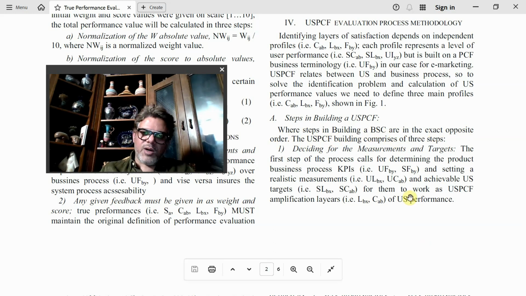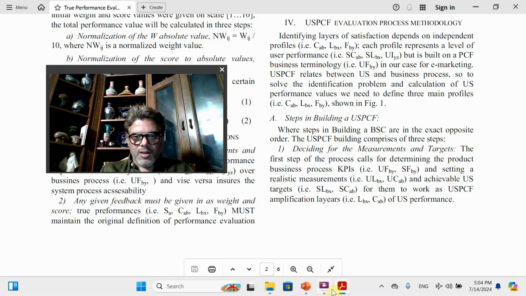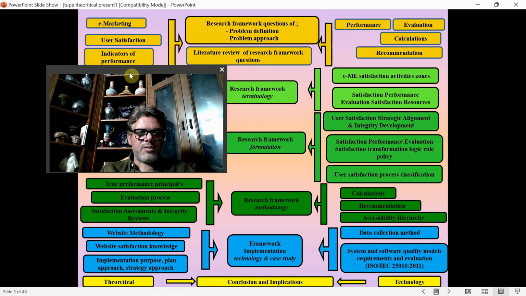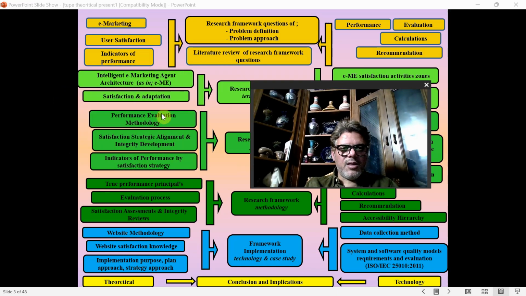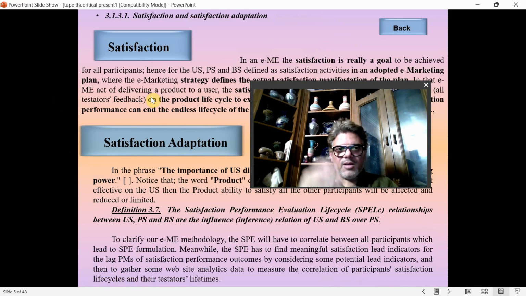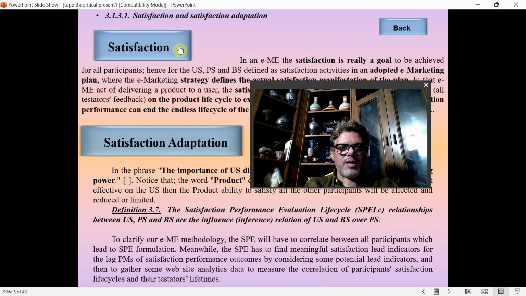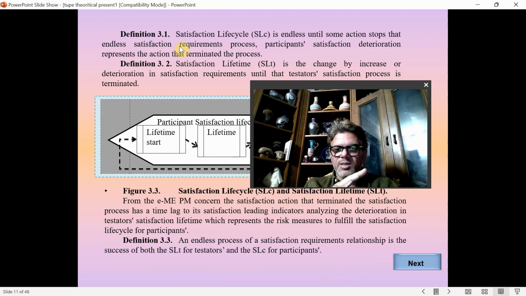Now, actually, why is it in the opposite direction? It's because the BSC made his analogy designed and everything to relate between the business linear progression and the user, which is independent and ambiguous.